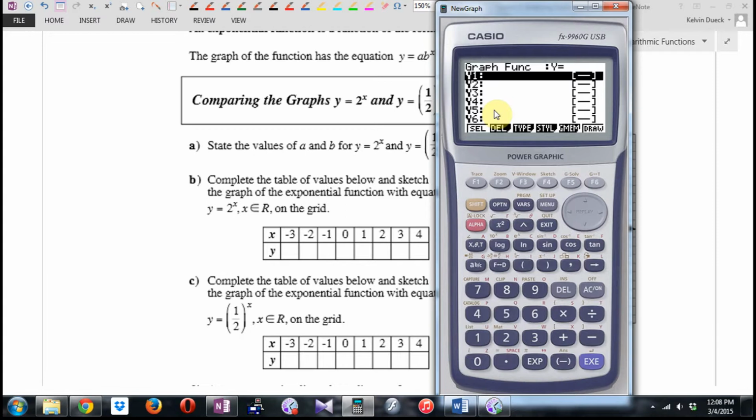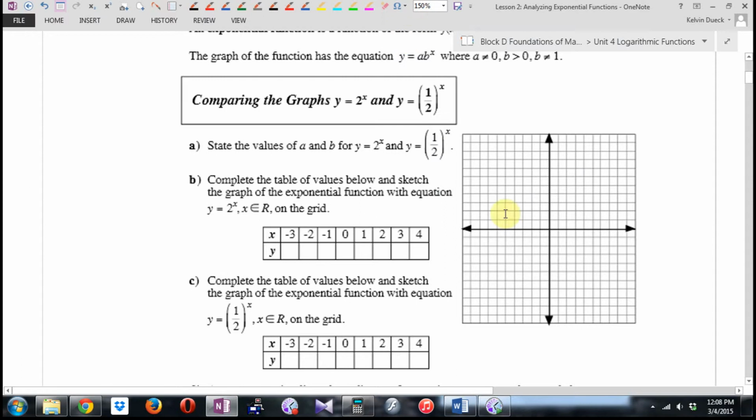Once you're here, before I even start to graph anything, I want to make my graph paper look like the graph paper in the textbook. How far left does this piece of graph paper go? Count the number of squares. Is it 10?